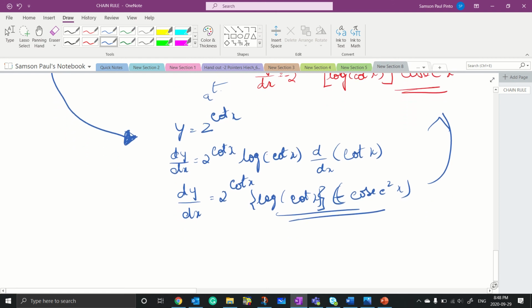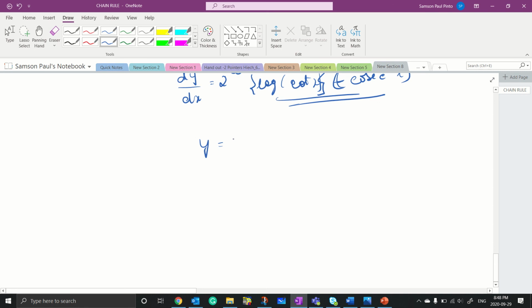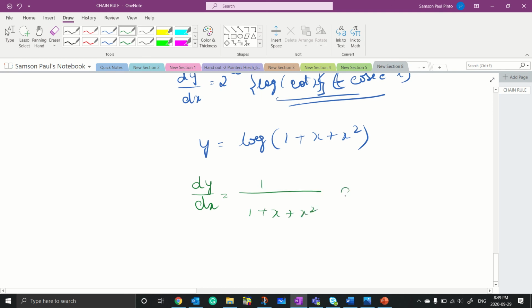Quickly, I can show you one more example that comes to my mind. y equal to log of 1 plus x square. If I were to solve this problem quickly, dy by dx is equal to, the outermost function is log, so the differentiation of log is 1 by 1 plus x square, into d by dx of 1 plus x square, which is 0 plus 2x.